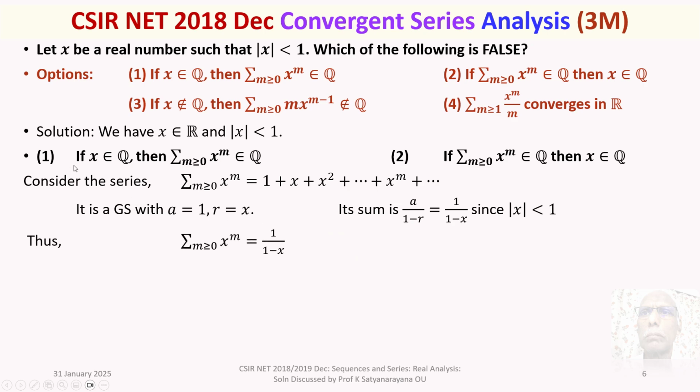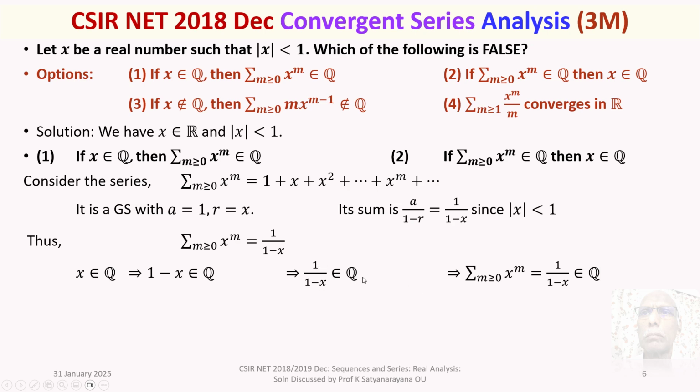Right. So let us take the first consideration in the first option. x belongs to Q. Then 1 minus x also belongs to Q. Then its reciprocal also belongs to Q, and 1 minus x is not equal to 0. Of course, x is not 1, since mod x less than 1 means x is not 1.